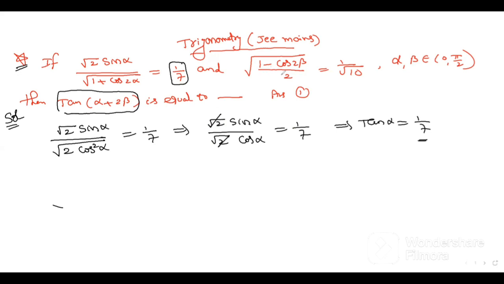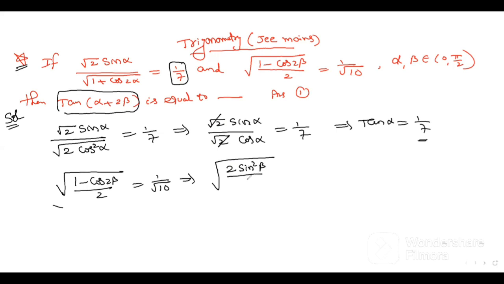Now, from the second equation, root under (1 minus cos 2 beta) by 2 is equal to 1 by root 10, given. For 1 minus cos 2 beta, we have the formula 2 sin square beta, by 2, equal to 1 by root 10. Now here 2 gets cancelled. Root sin square beta is nothing but sin beta.